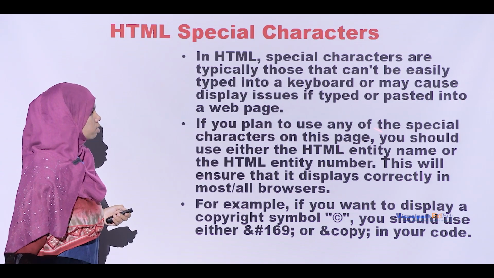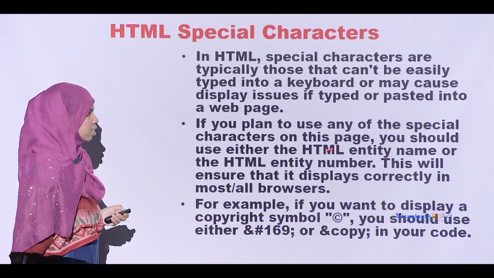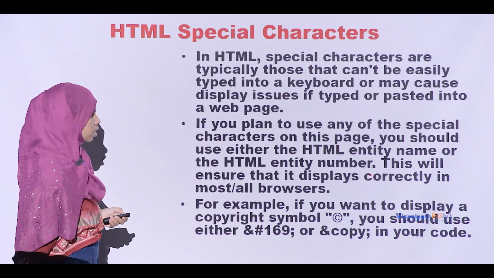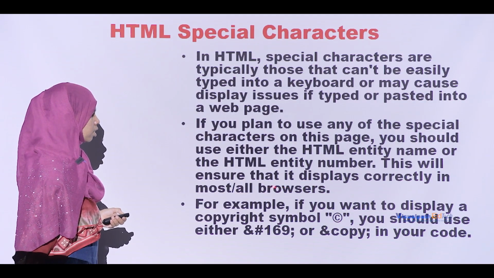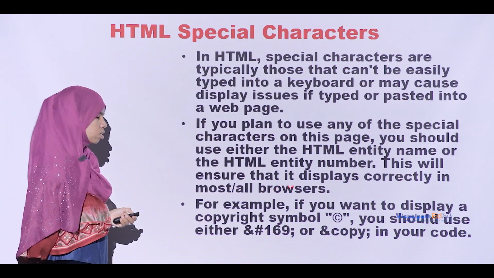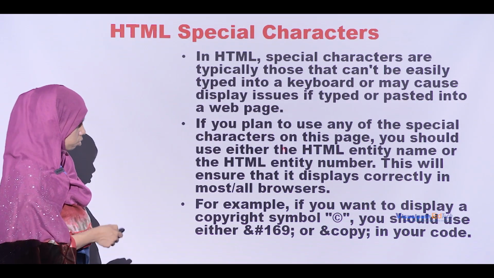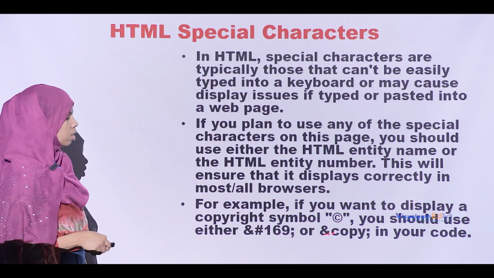Now if you plan to use special characters on this page, you must include either the HTML entity name or the entity number, right? This will ensure that the displayed contents are correctly available to the browsers. For example, if you want to use the copyright symbol, this symbol is currently not available on your keyboard.